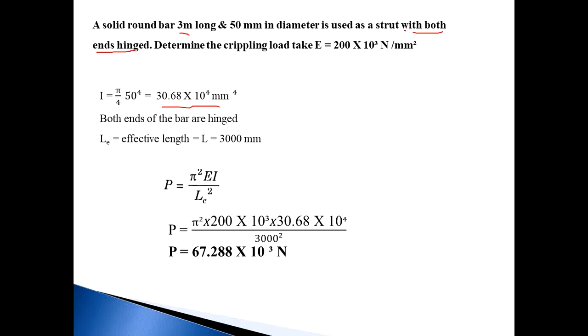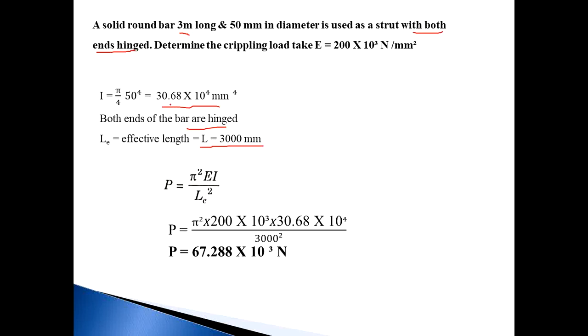Then we know the end conditions mentioned in the problem, that both ends are hinged. For both ends hinged, effective length, that is L effective, is equal to L actual, means L is equal to 3000 mm. Then we know the Euler's equation, that is P is equal to pi square EI upon L effective square. E value is given, that is 200 into 10 raised to 3 Newton per mm square.